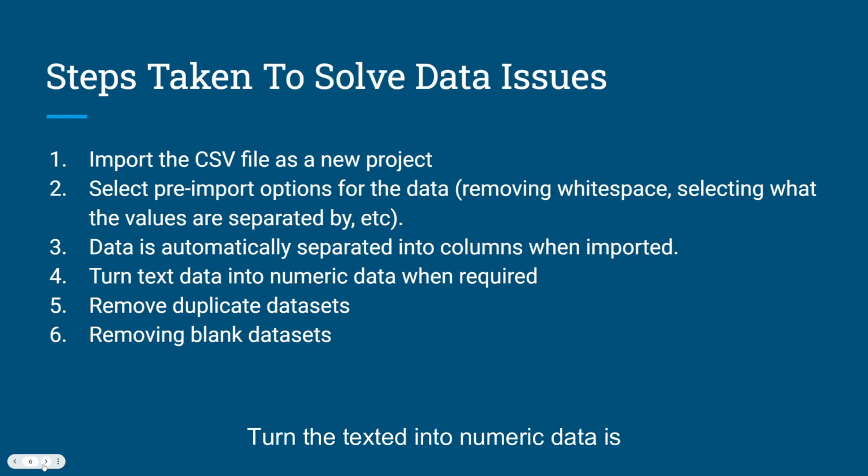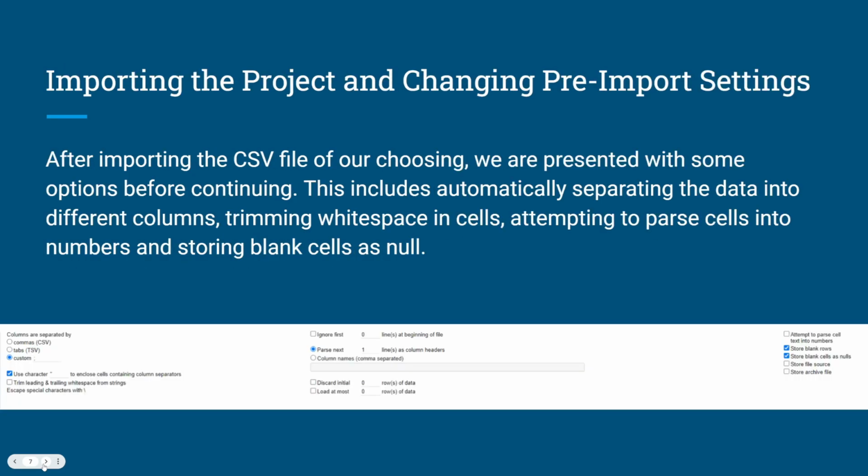We then turn the text data into numeric data where it's required, which is also a pre-import option. Removing duplicate data sets if there are any, which in this case there are not, but that would be a very important thing to look into if there are duplicates. And removing blank data sets, which is something we had to deal with.